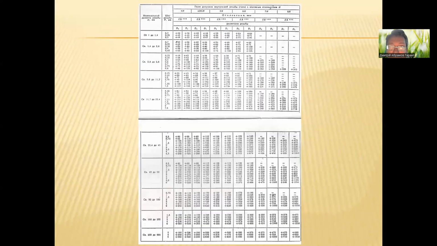We find 7H and the upper limit deviation for the diameters D suffix 2 and D suffix 1. We have a diameter of the thread from 355 to 600 and pitch 6. So we use these two parameters, plus 560 and plus 1000 micrometers.